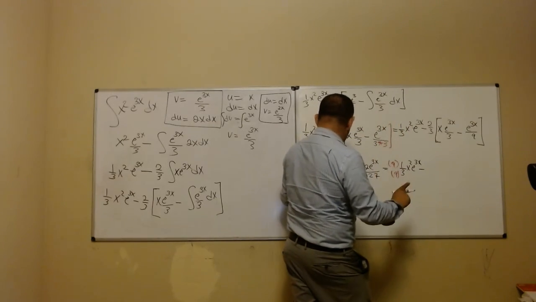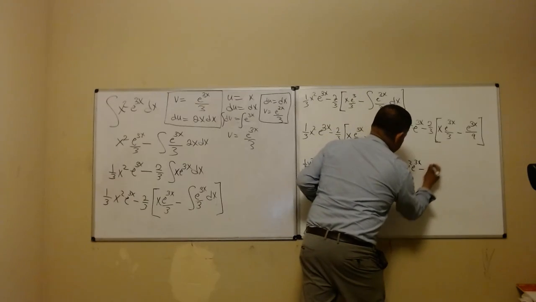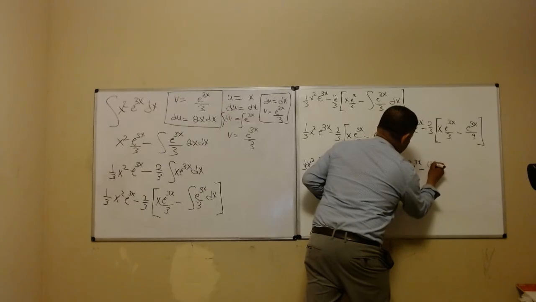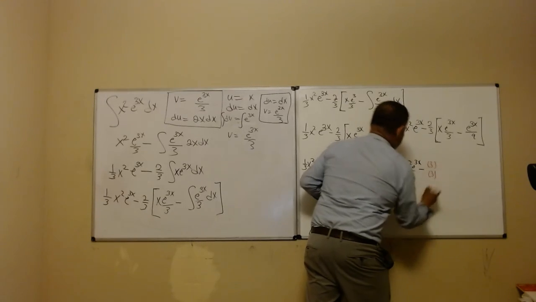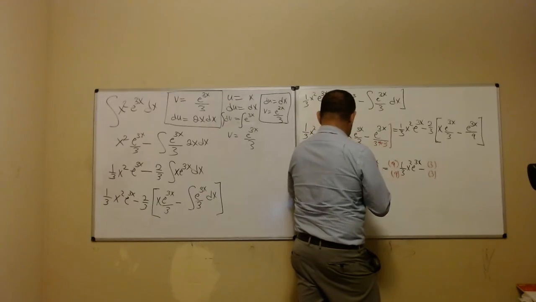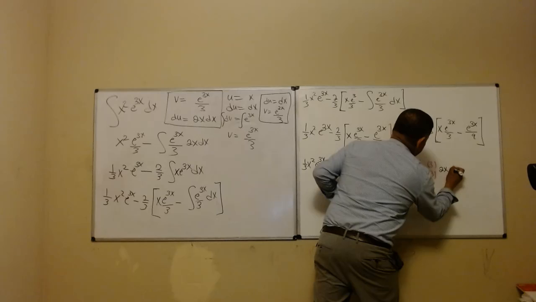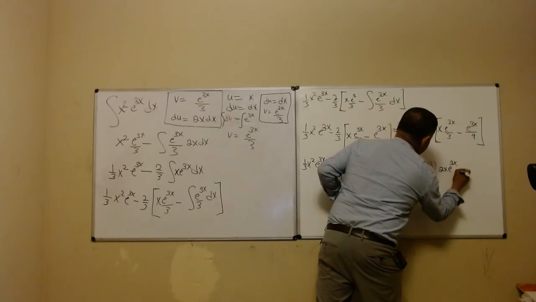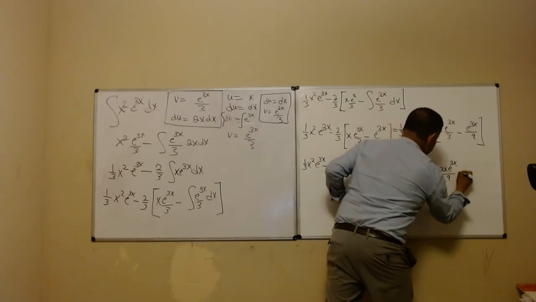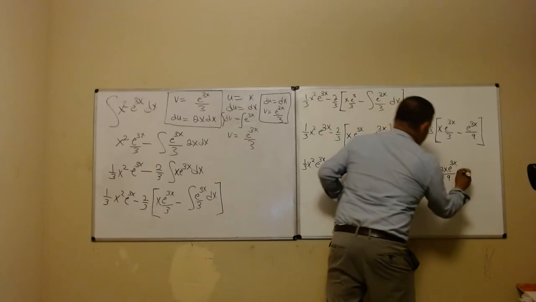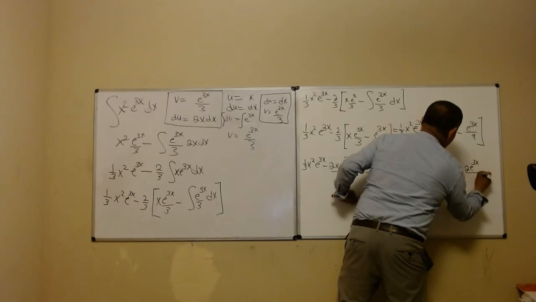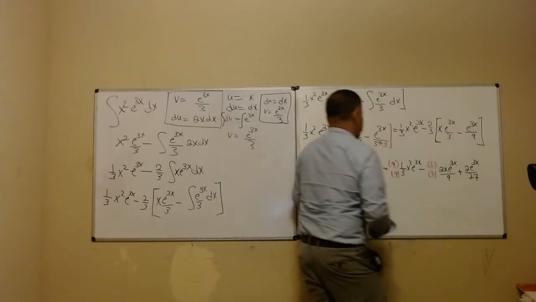Here we'll be multiplying by 3 top and bottom. 3, right? And that is going to be multiplying what? Multiplying 2x e to the 3x, right? Over what? Over 9. And then plus what? Plus 2e to the 3x over 27, right?